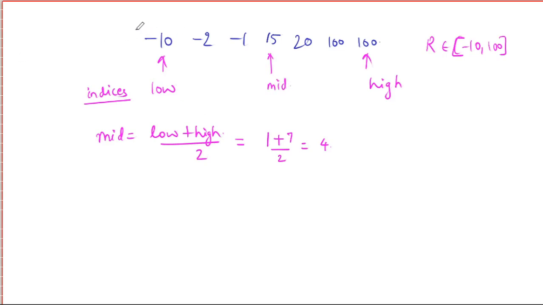So from this range to this range, either you can include the mid value. This range, low to mid, becomes one half, and mid plus 1 to high becomes another half.